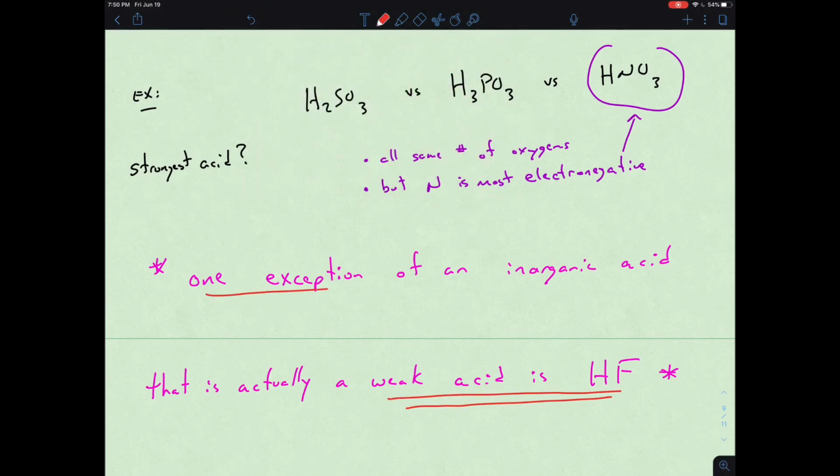So that's one exception I want us to keep in mind. The HF bond is pretty strong, so it's actually not a one-way process. It's not 100% dissociation. It is an equilibrium process.